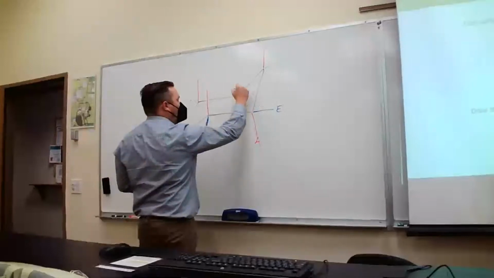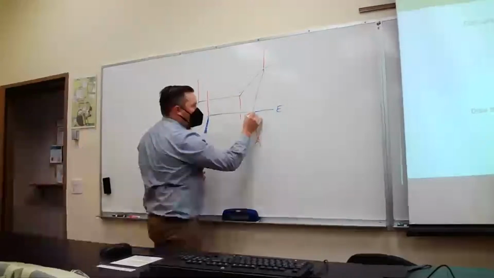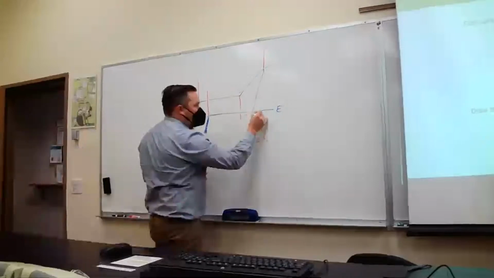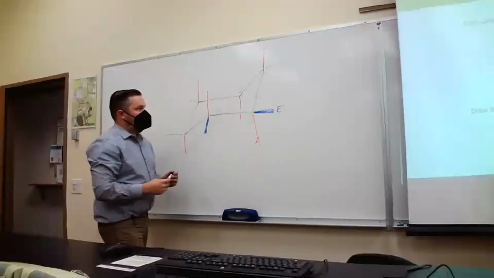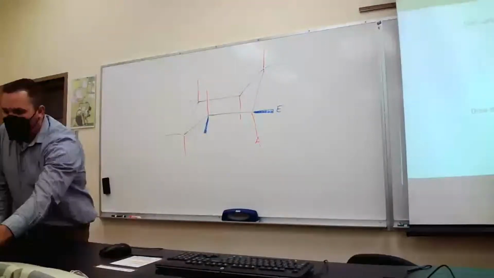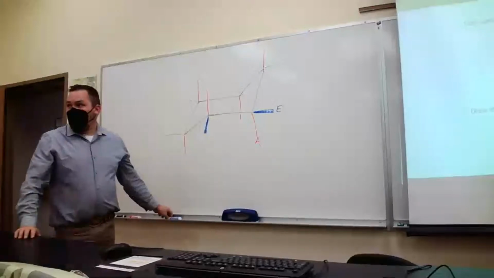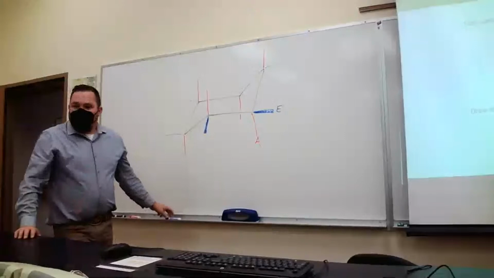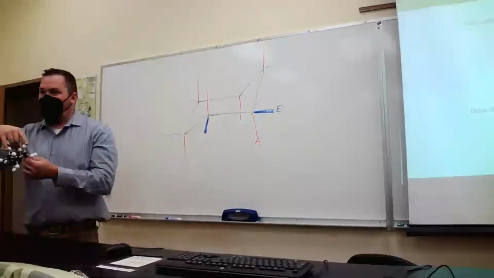It can be helpful to do that when you're getting used to what these actually look like in dimensions. And it should look like your model. So why do we care about labeling these axial versus equatorial? Well, because these axial ones all point the same way, like we were talking about, right?